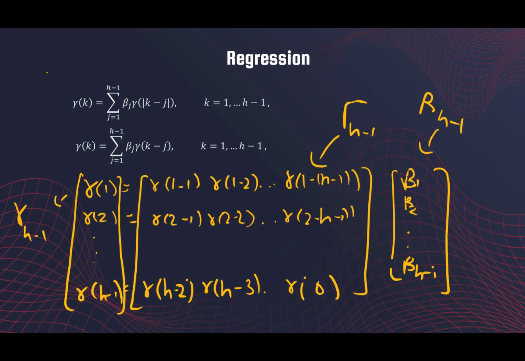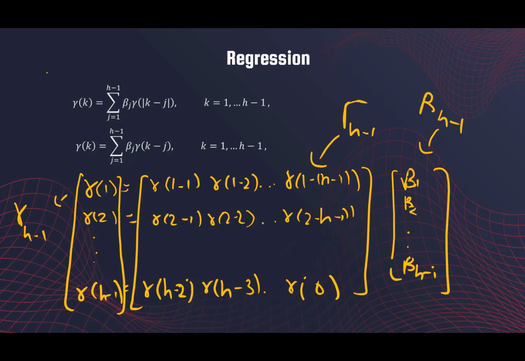Okay, so to see that this is a system of equations, I have actually written down all of the equations that are here. K is equal to 1 is this first one. If I plug in k is equal to 1, I get this first row multiplied by this vector. K is equal to 2, then the second row multiplied by this vector.